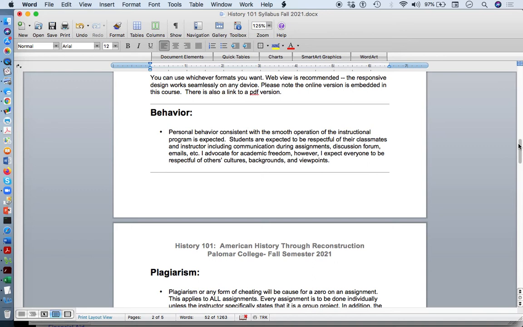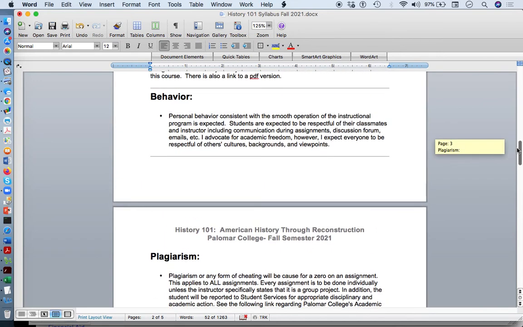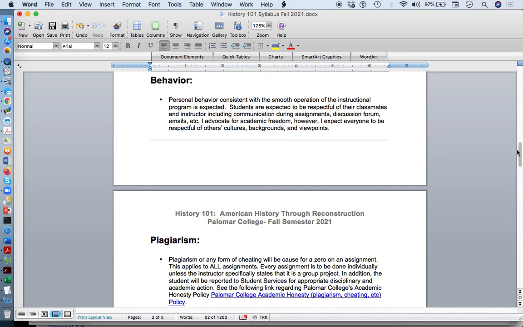So just be understanding and respectful of others' cultures, backgrounds, and viewpoints. Now understand that I am an advocate of academic freedom, but that academic freedom also comes with being respectful of others' views.